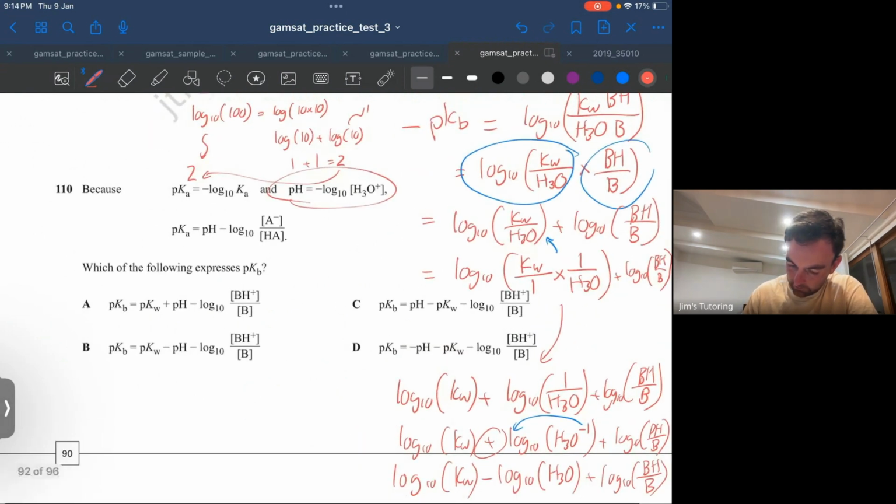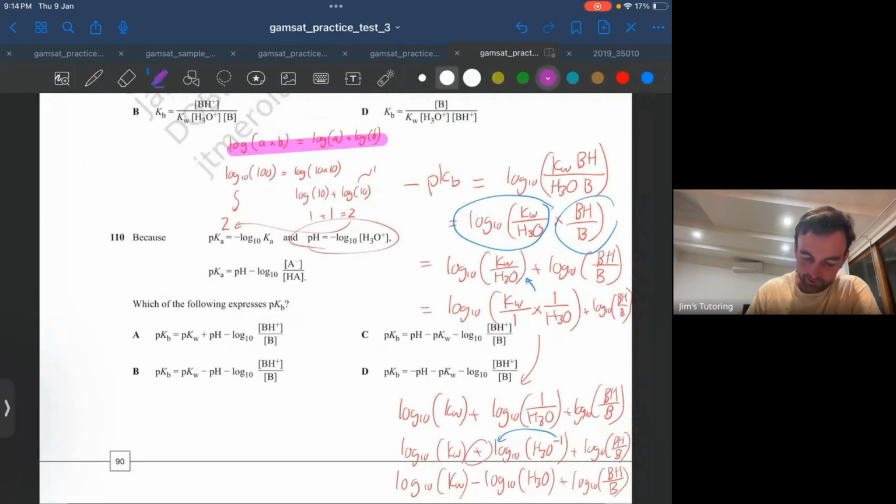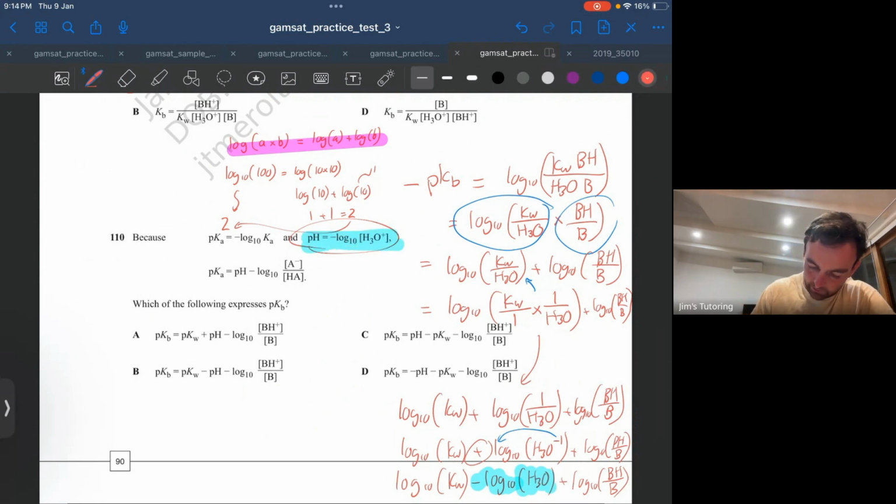Now, this looks really frightening actually, but I hope you could see it. It's quite a lengthy mathematical equation, but it's not actually that difficult. I'm just doing really simple things. So I actually notice now negative log 10. What have I been talking about? Negative log 10 of H3O plus, that actually does just equal pH.